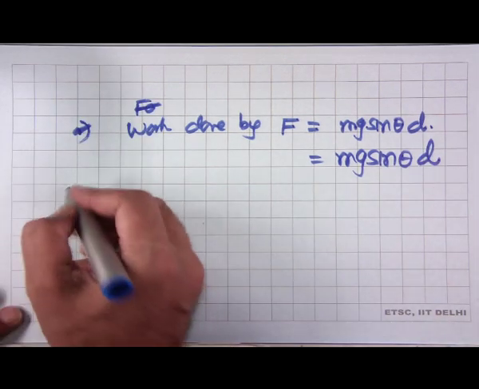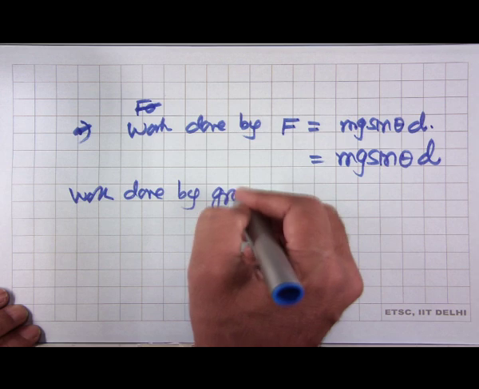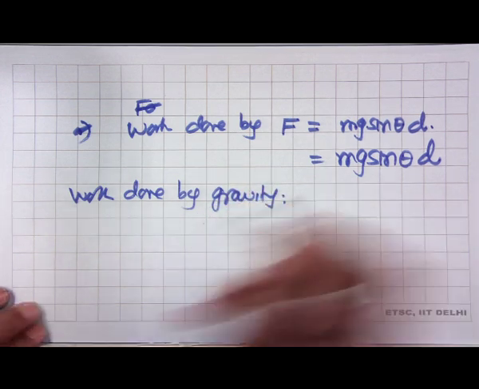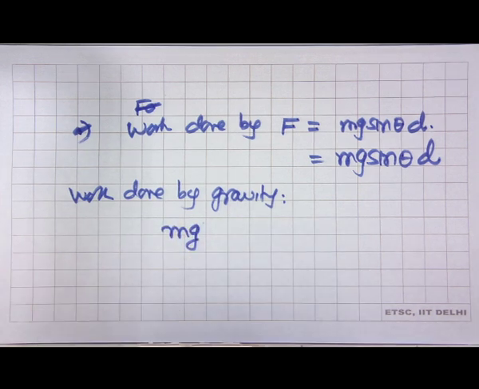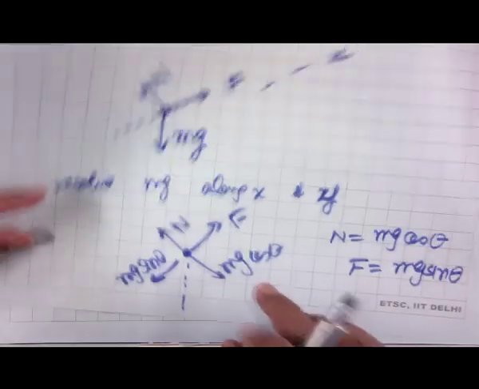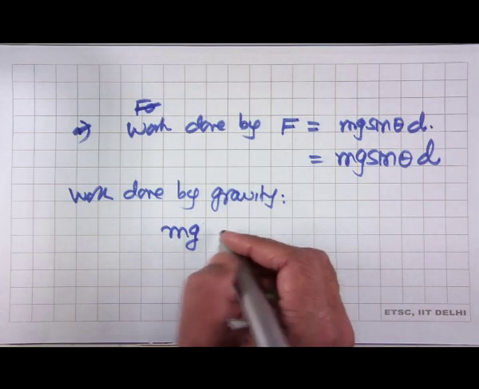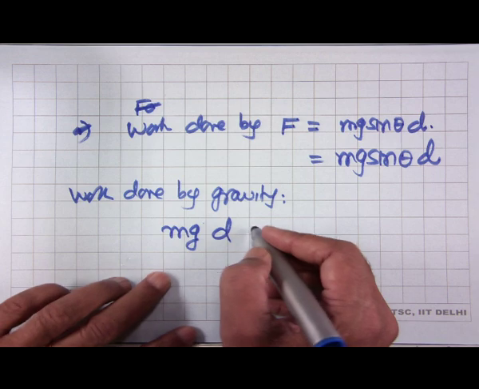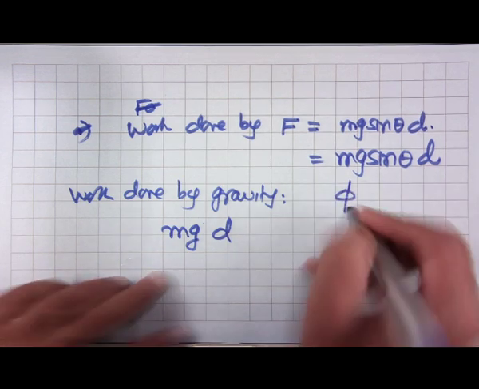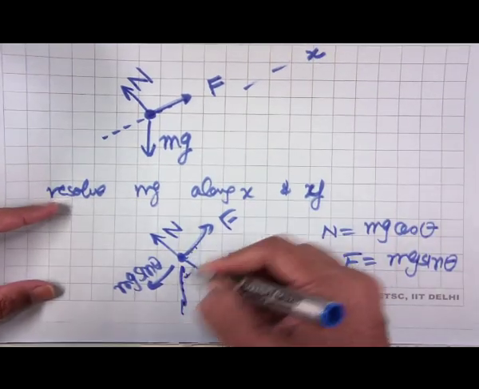Now, the work done by gravity: here the force is mg, and the displacement is d, and for cosine phi we look at the angle phi here. We have to find the angle between this force and the displacement.